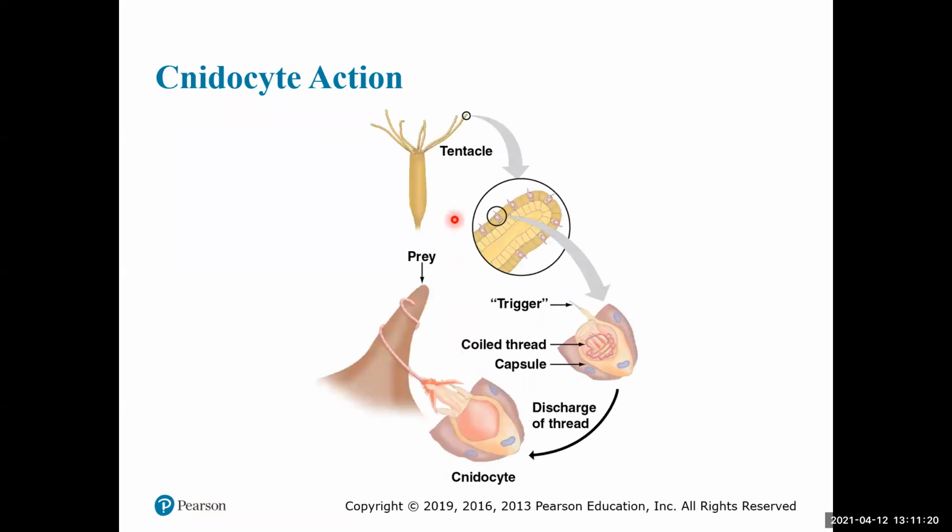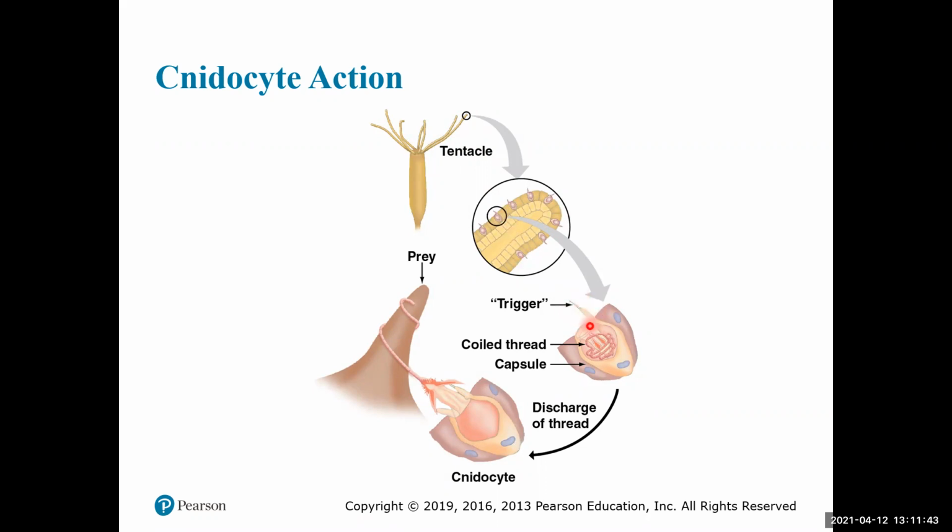So this is what a cnidocyte stinging cell basically looks like. So you have a hydra here. We're going to zoom in to the tip of one of their tentacles. And you see there are these cells here that have a little hair kind of above the skin layer. That little hair-like structure is a trigger.